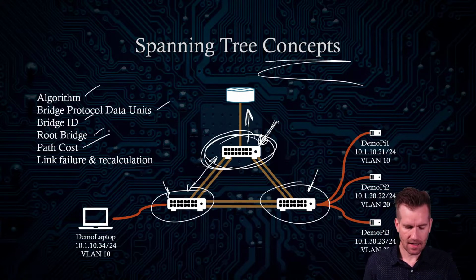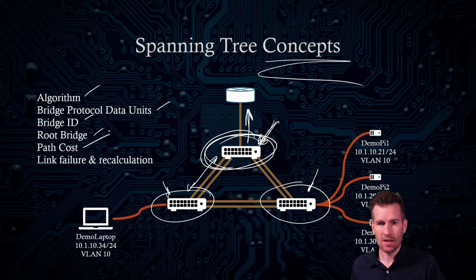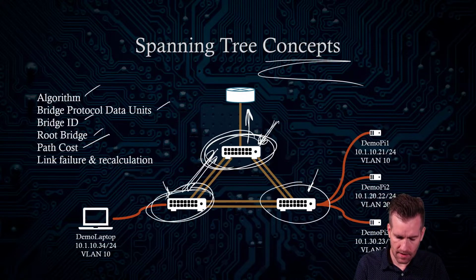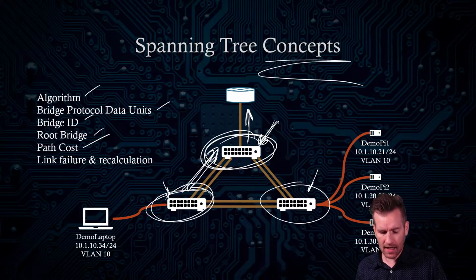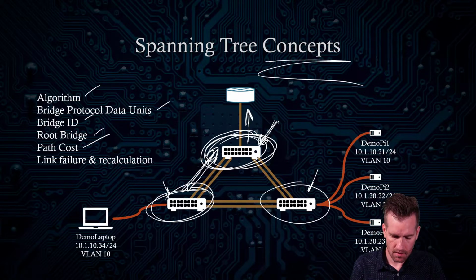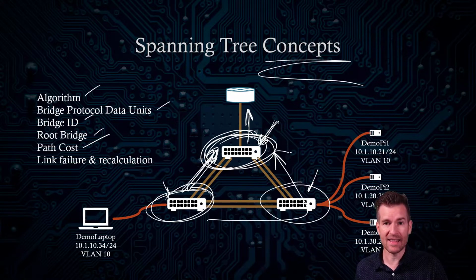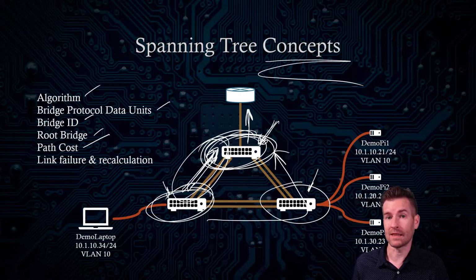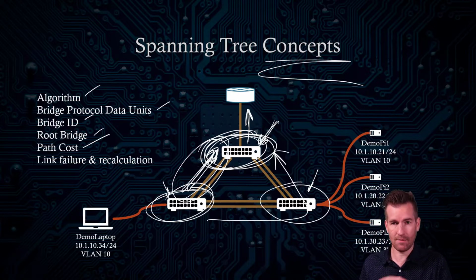Then there's this concept called path cost. There's going to be a calculation that determines what the path is to that root bridge. For instance, this switch will calculate the path cost going to the root bridge via this direction and also via this direction. Provided that all these links are the same speed, we're going to see that this is probably going to be the winner of those two, but we'll talk about what determines all of that.